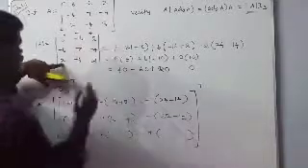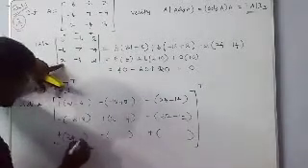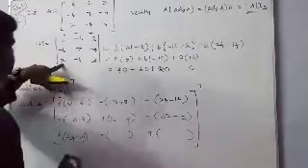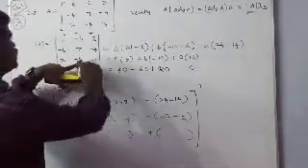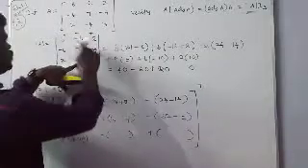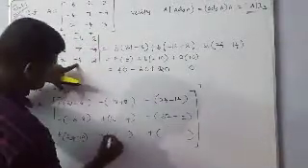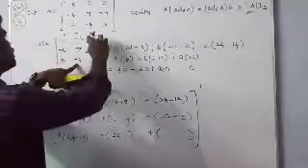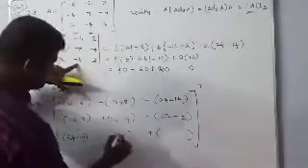Minus 14. 24 minus 14 and this value, leave this column and this row, minus 32 and plus 12.